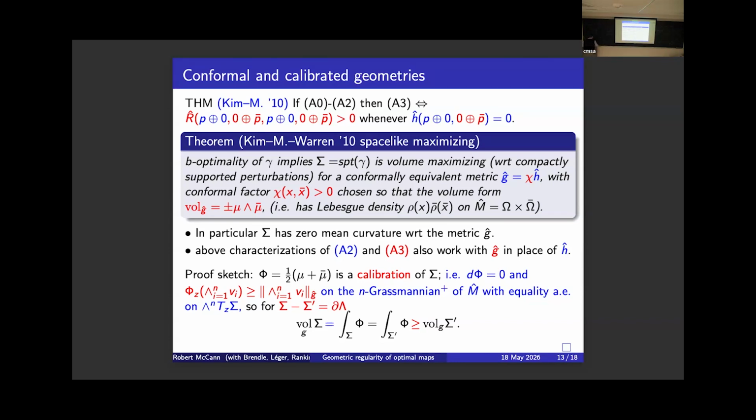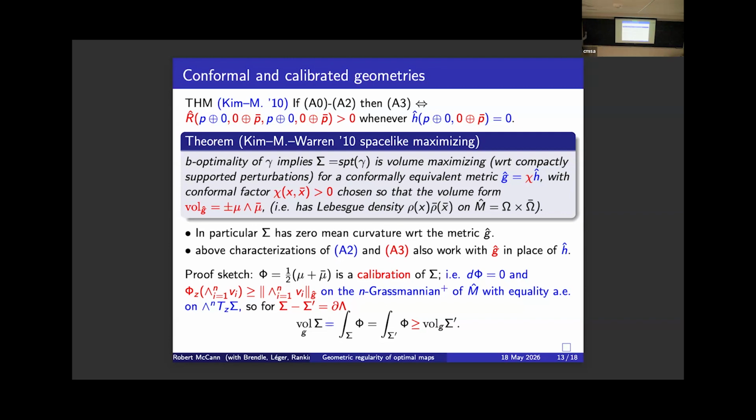And that says that if I have my sigma, which is in the example the graph of the mapping, and I want to compare the area of sigma to what happens if I deform it a little bit, in such a way that the difference between sigma and the deformation bounds a region, let me call this region lambda.